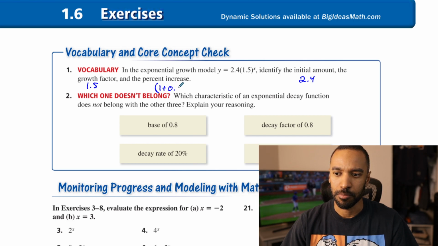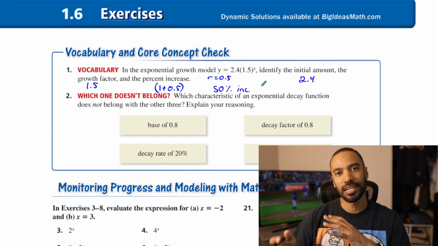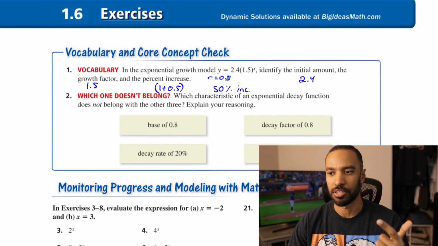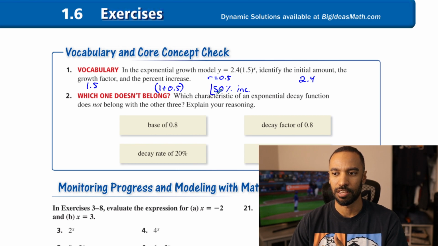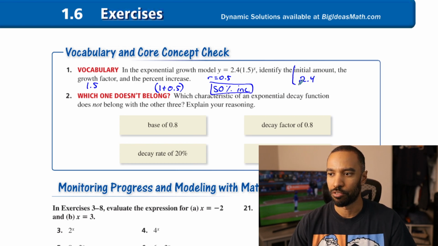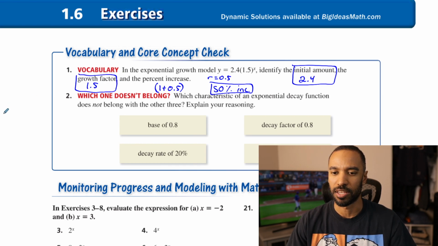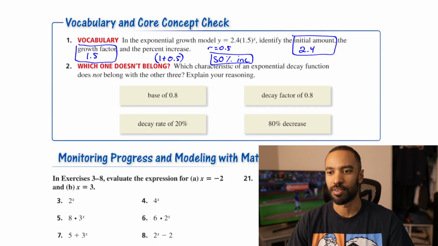Well, 1.5 comes from 1 plus 0.5. That means r is 0.5, which means it's a 50% increase. Your percentage increase or decrease is 2 decimal places over to the right from your r value, and that's what this thing is. It's a 50% increase. So 2.4 initial, 1.5 growth factor, which makes it grow 50% from the previous value.